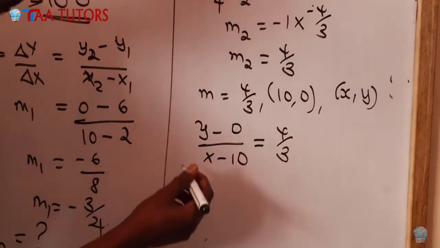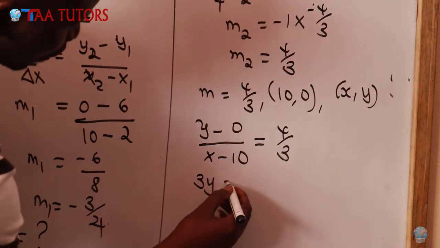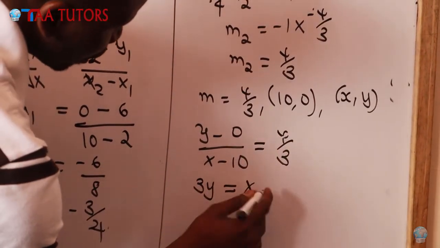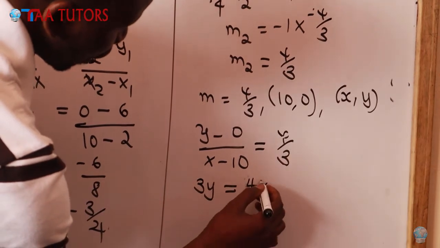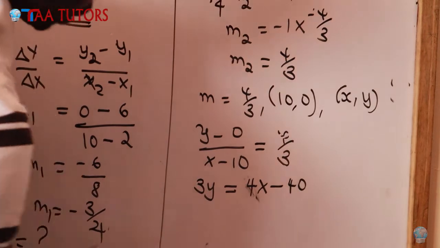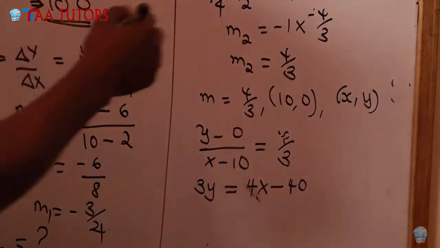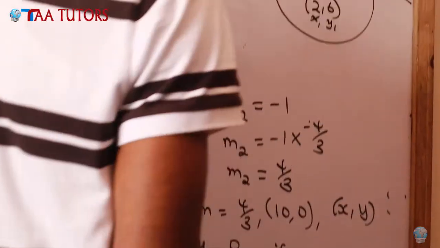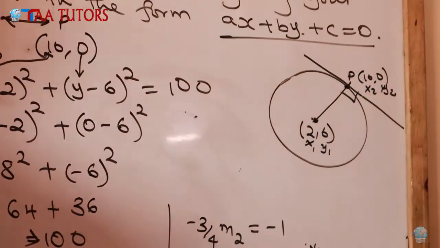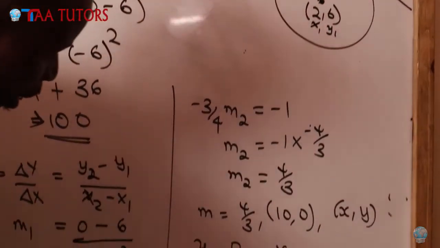If I multiply this, I'll say 3y equals 4x minus 40. We are told to write the equation in the form ax plus by plus c equals 0.